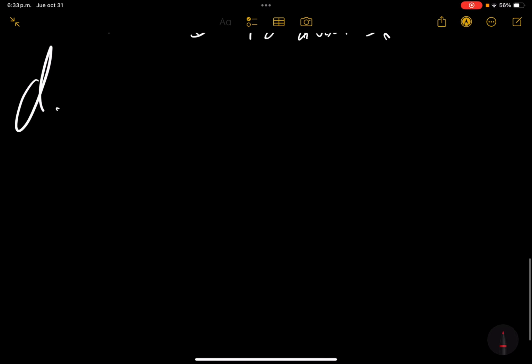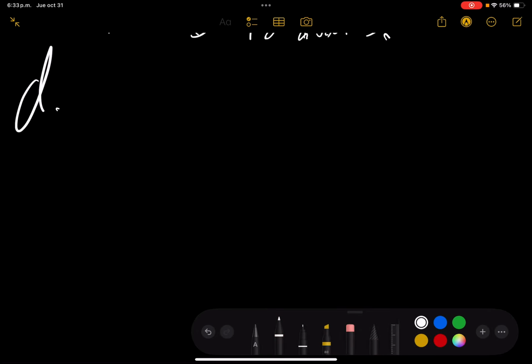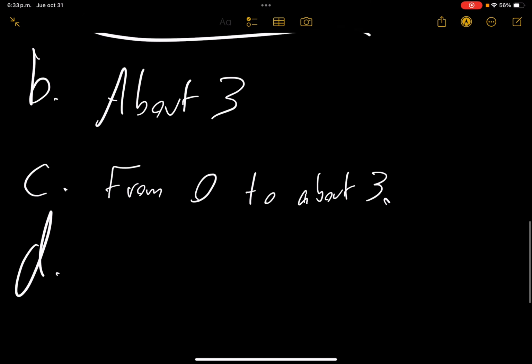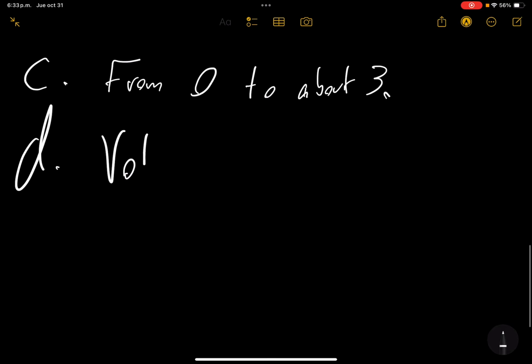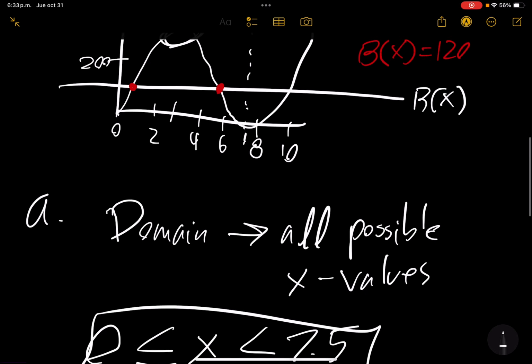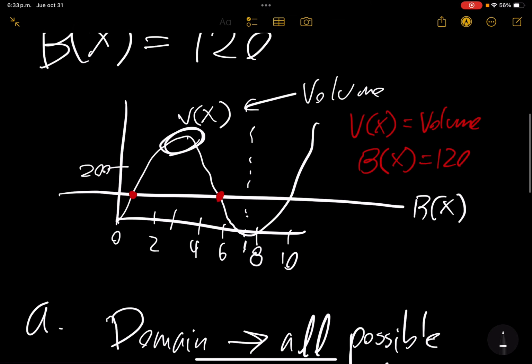So when the volume, right, when this V of x equals B of x, it means the volume of the box is 120 inches cubed. And I won't even fault you for using the sort of wrong units there.